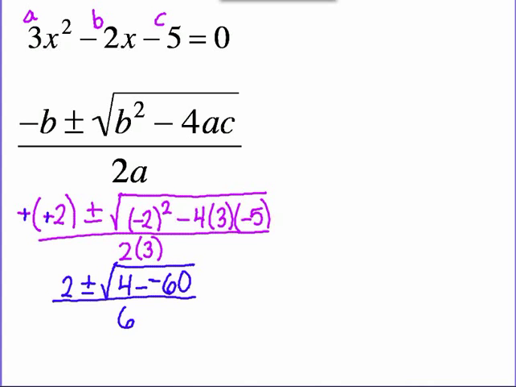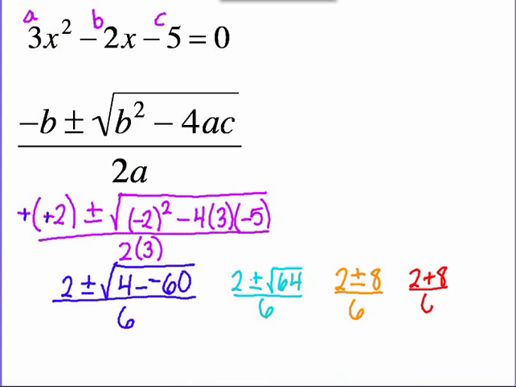They're in these problems. Okay, so real quick, when you did this, you should have gotten 2 plus or minus the square root of 64, all divided by 6. So now we need to break down the root if we can. I know that root 64 is actually 8. So then I'm left with 2 plus 8 divided by 6 and 2 minus 8 divided by 6.